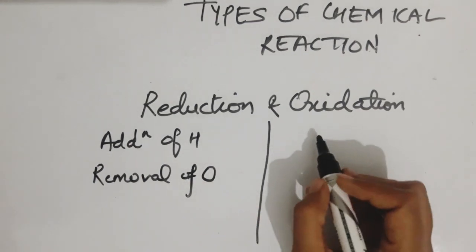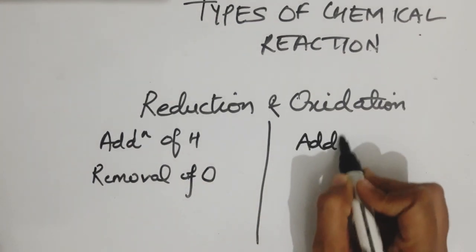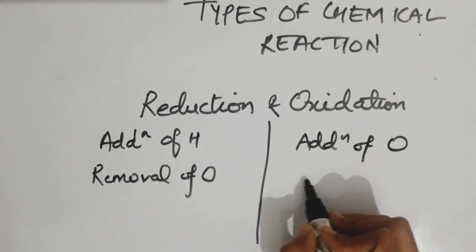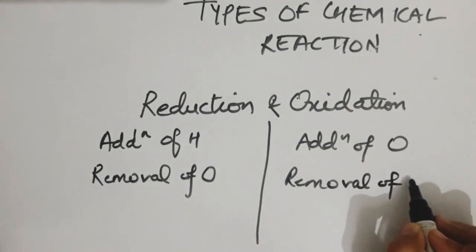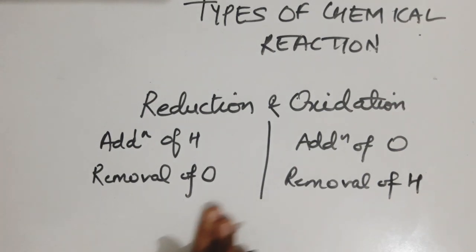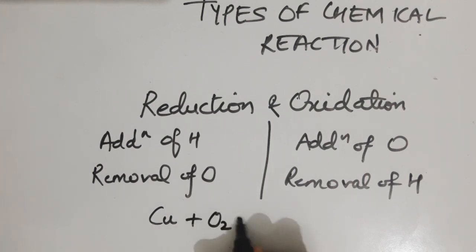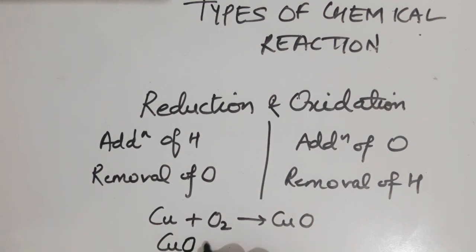In case of oxidation you have addition of oxygen and removal of hydrogen. So if you study an example, say copper reacts with O2, it gives CuO. So this is addition of oxygen, so this is an oxidation reaction. For example of reduction, you have CuO reacting with H2 to give Cu plus H2O.